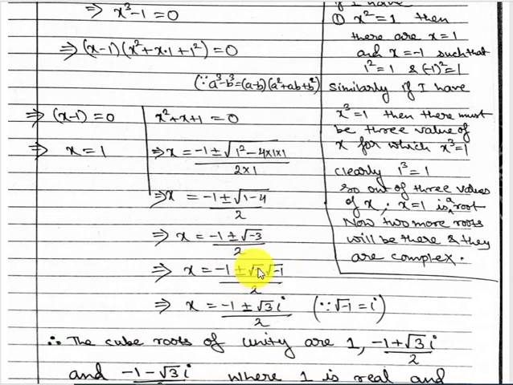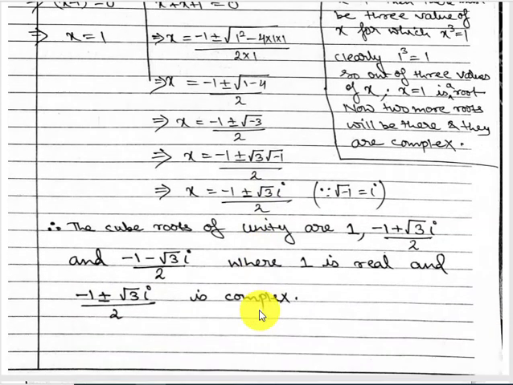Simplify it further, then you will get x equal to minus 1 plus minus square root of 3 into i upon 2. So here is plus minus, that means 2 roots are over here. One root we get when we consider plus, and the other root we get when we consider minus.